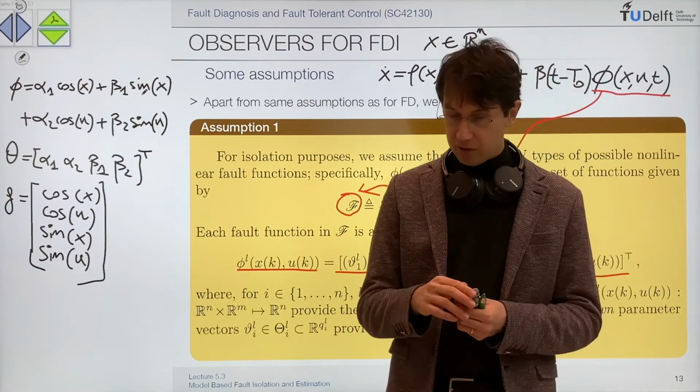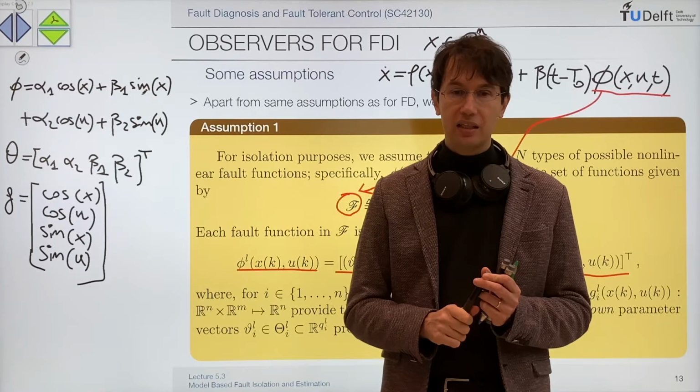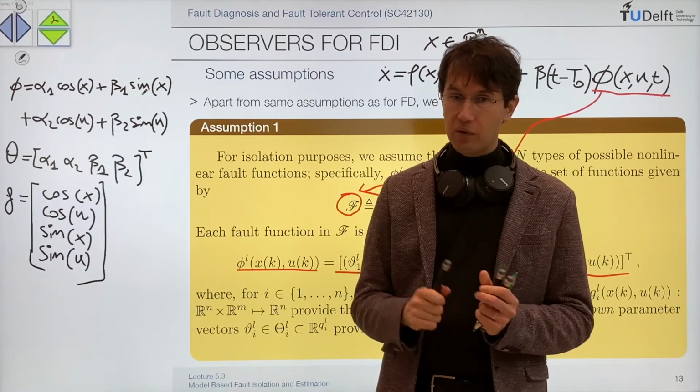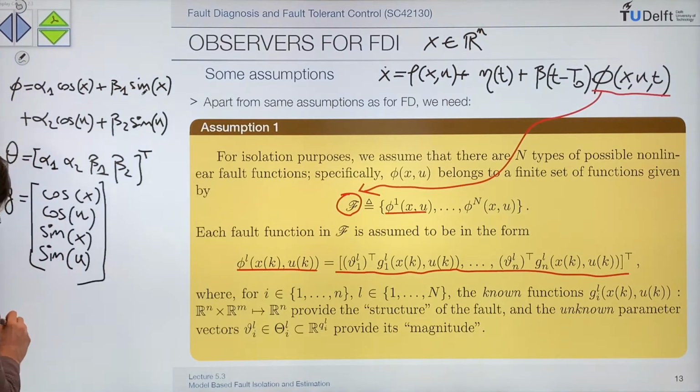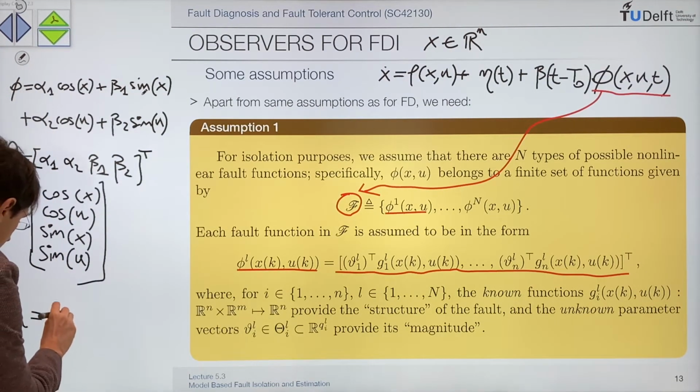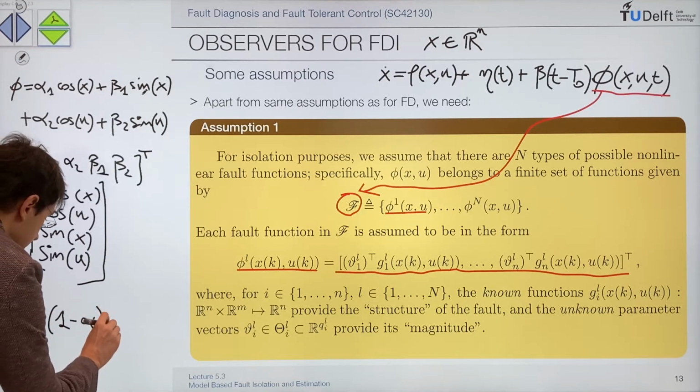So if you remember the case where we defined a fault acting on an actuator, and we wrote it this way. We said the faulty actuator signal is equal to 1 minus alpha that multiplies u.